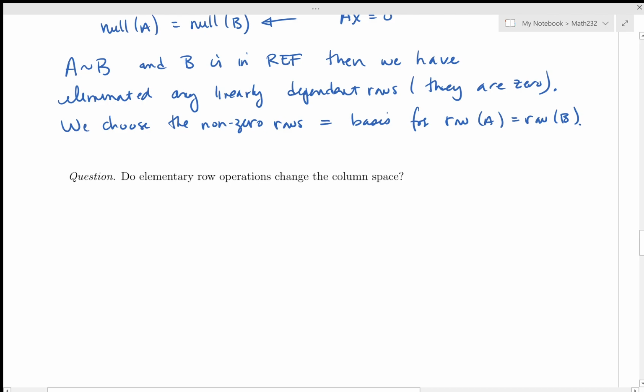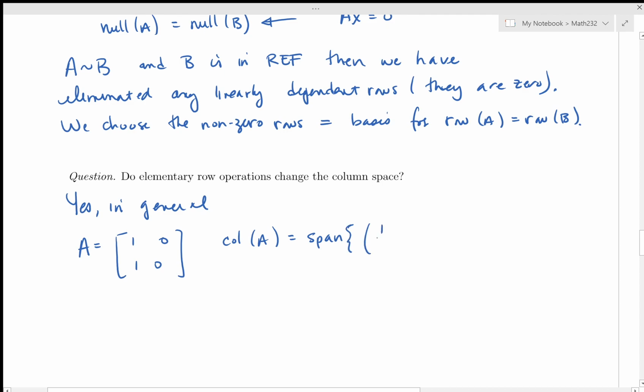Okay, so in answer to this question, do elementary row operations change the column space? The answer is yes, they do in general. Let's just do this via a very simple example. Let us take a matrix A, a 2 by 2 example: 1, 0, 1, 0. The column space of A is equal to the span of the column vectors, 1, 1, that's column 1 and column 2.